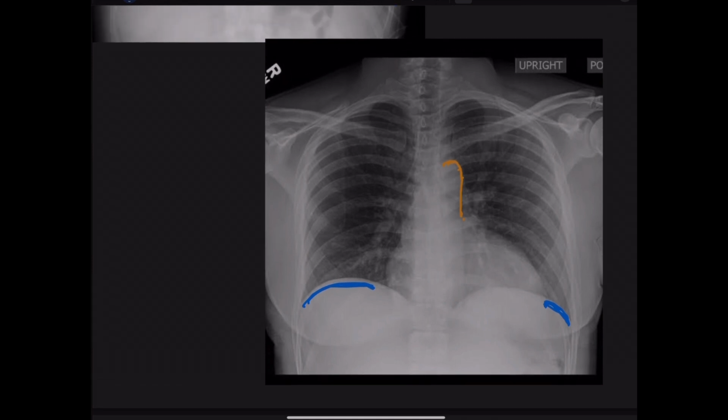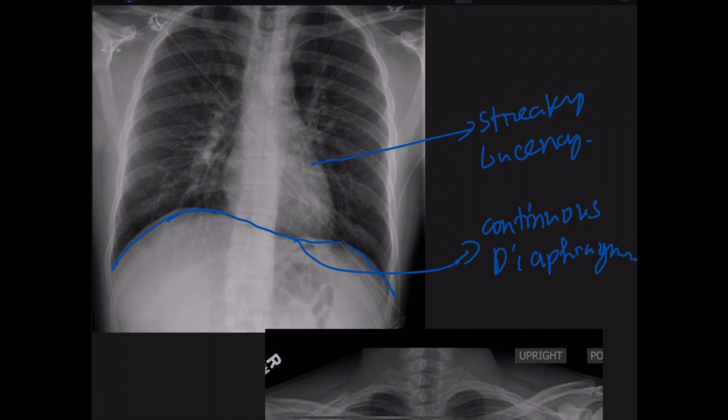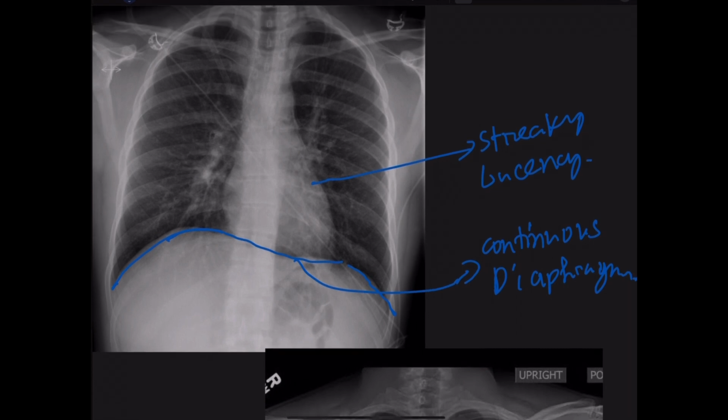But in this case of pneumomediastinum, you can clearly identify the descending aorta above the diaphragm through its course, because it is lined by the air.